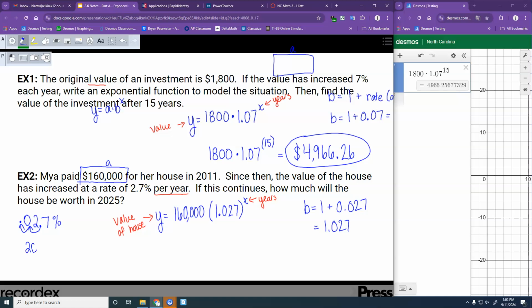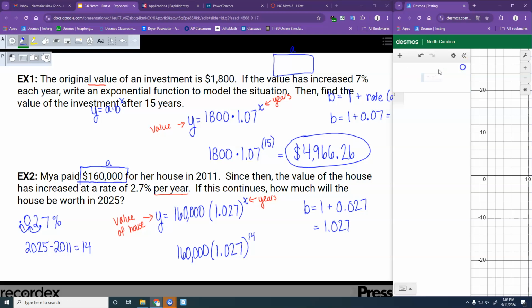So I'm going to do 2025 minus 2011, and that's going to give me 14 years here. So if I want to figure out the value of the house after 14 years, I'm going to do 160,000 times 1.027 to the 14th power. And I'm just going to go over here to Desmos really quickly and type that in.